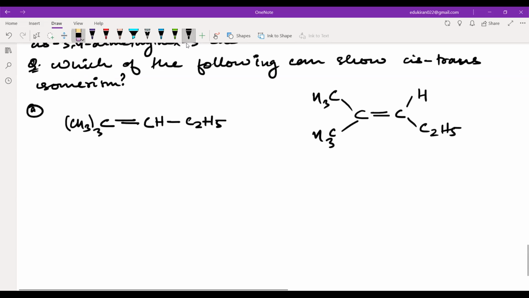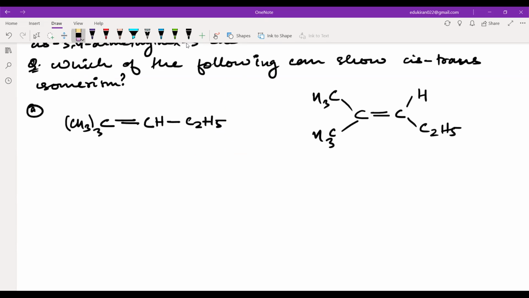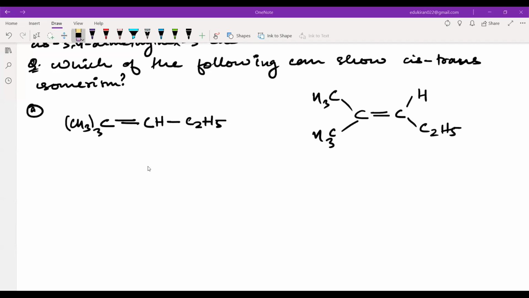Now, here you can see that if I flip this group, if I change the groups here, nothing has happened.